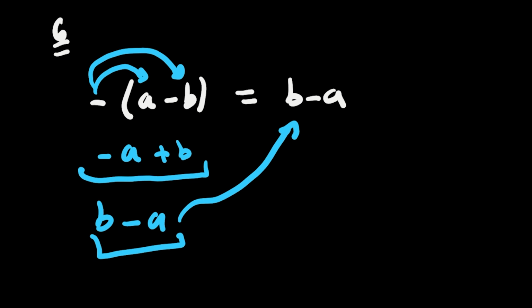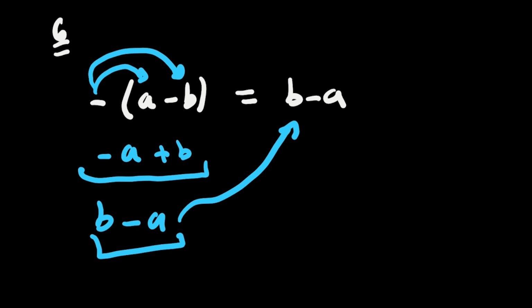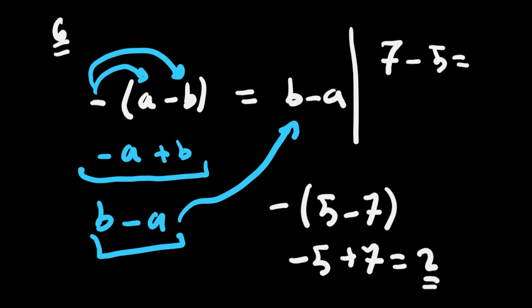Let's see an example. If we have minus 5 minus 7, it's nothing but minus 5 plus 7, and that would equal 2. Or we can simply say it's nothing but 7 minus 5, and that would equal 2.